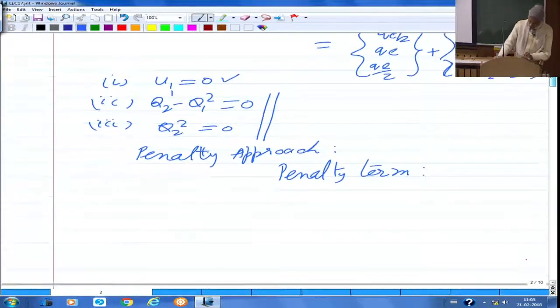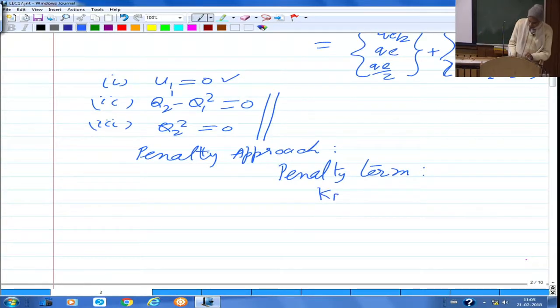We take a large number, let me call it kp, a single scalar number, so kp by 2, and let me generalize this a little more. Rather than saying that u1 equals 0, I will say that this is some u naught. As a specific case it can always be 0. So let us say that u1 is equal to u naught.